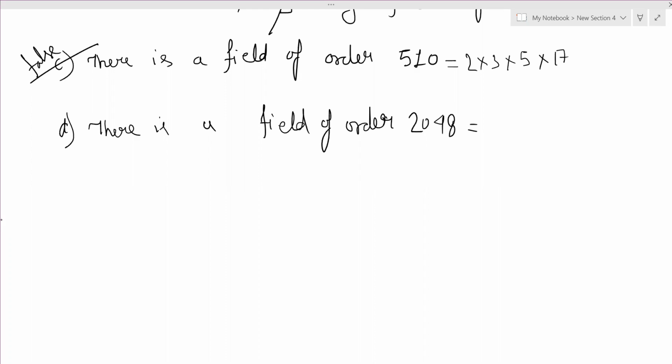Give me its factorization. It is 1024 into 2, which is 2 power 10 times 2, so 2 power 11. That means there exists such a field. So it is true.